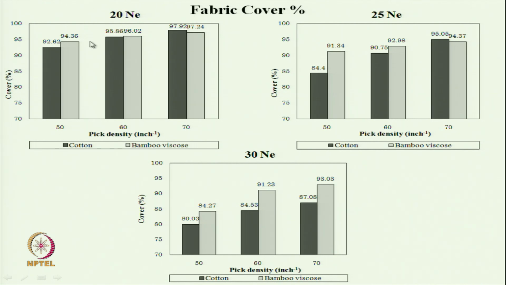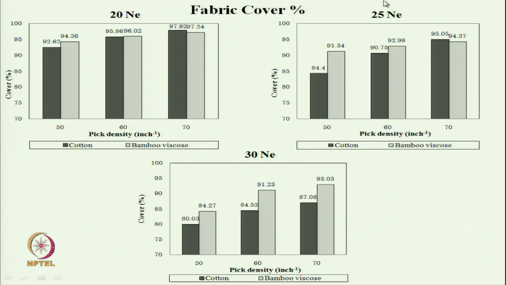This is for 20s count, 25 count coarser yarn, there is no such trend, but when we talk about the finer yarn, finer weft yarn, this is 25 count and 30s count. So, both warp and weft.